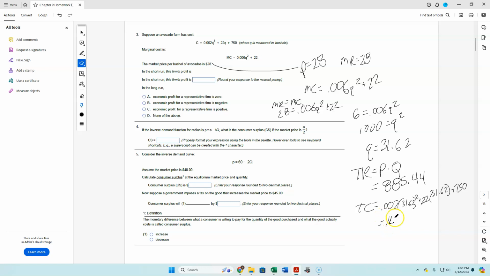I think this is accurate. So my total costs here are much higher. I'm actually showing a negative profit. Oh, sorry, not squared, cubed.